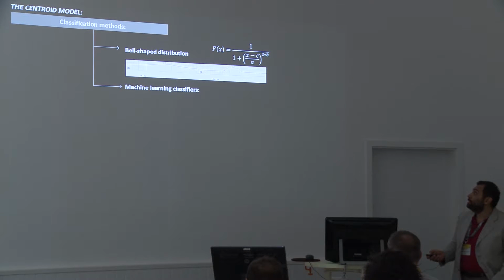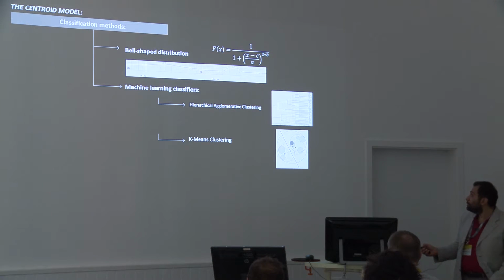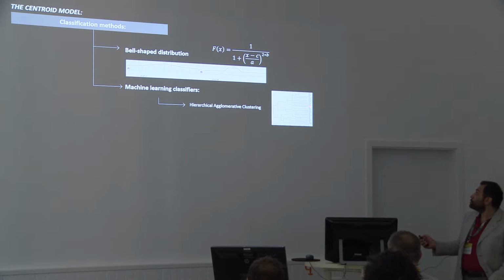In the machine learning classifiers, the first will be hierarchical agglomerative clustering. It's a data structure. Every point tests for the closest point in its surroundings, and it should be related somehow to its 3D location.